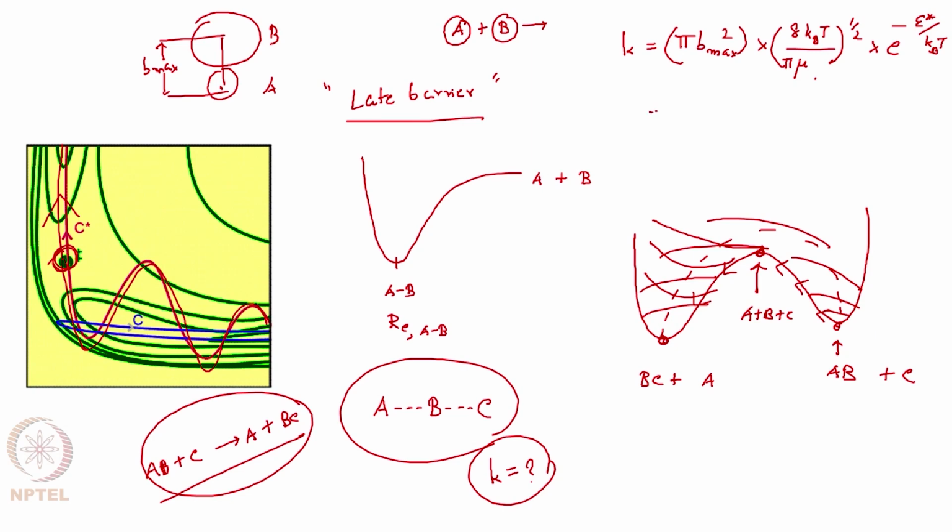You can have a look at the derivation done in the earlier course. You will find the YouTube videos, or you can find it in your standard textbook also. Sometimes this is called the total collisional cross section, and this is basically the relative average velocity, and this is the Boltzmann factor.